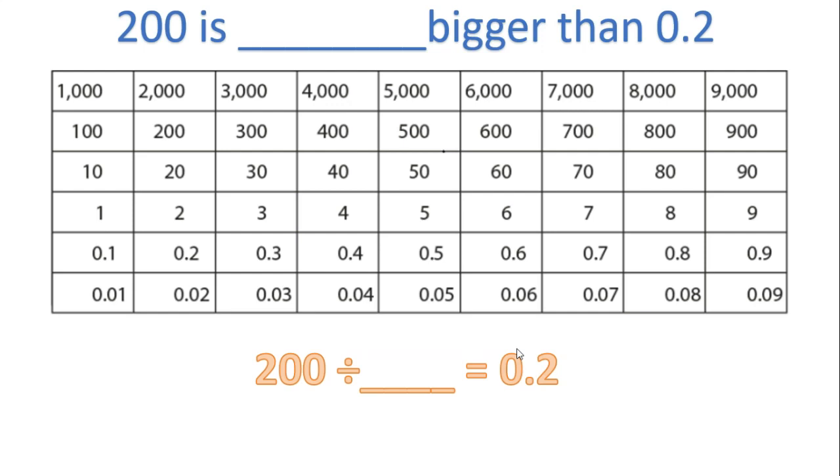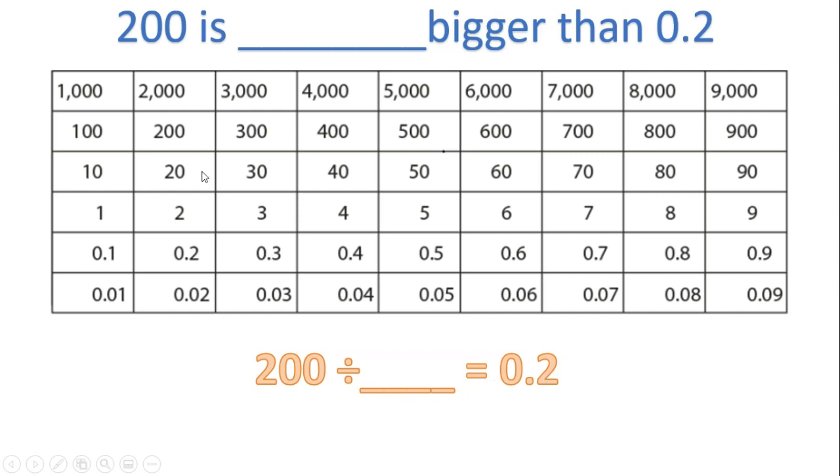200 is how many times bigger than 0.2? So first of all, put your finger on 200, then count the number of jumps. 1, 2, 3. Okay, now think about it. 200 divided by what equals 0.2?